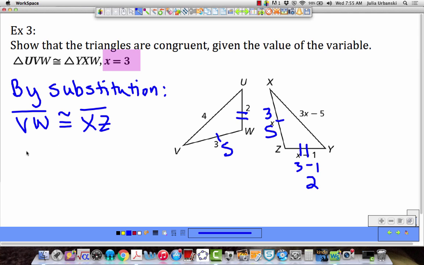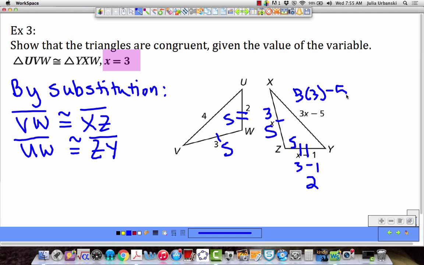So UW, this triangle side, would equal ZY, or be congruent to. That represents another side right there and right there. So we have a little more. This one's 3 times 3, and then minus 5, so we get 9 minus 5 is 4. So XY is equal to what?